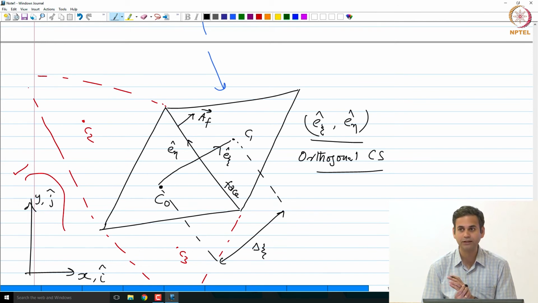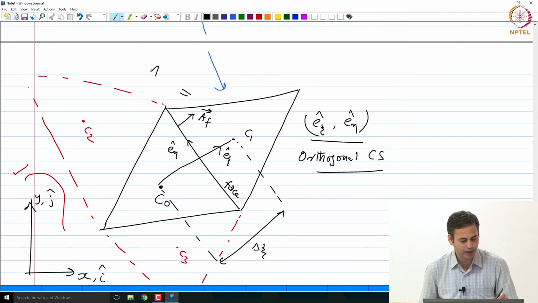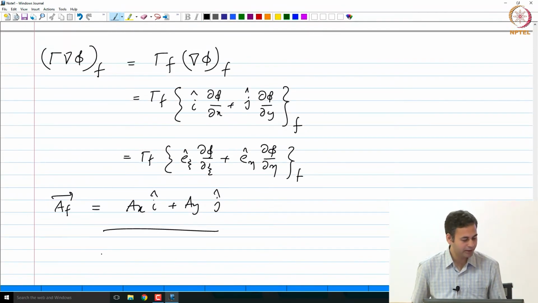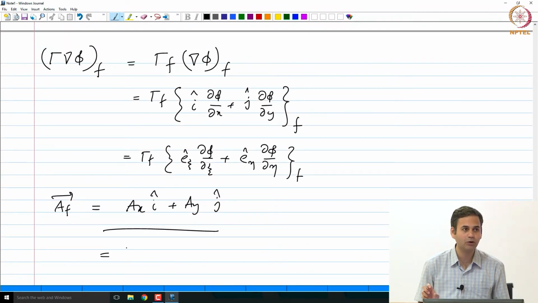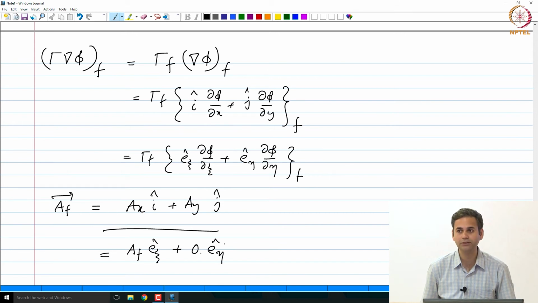E xi or E eta? E xi. So, if A f bar has a magnitude of A f, it can be written in the E xi E eta coordinates as A f E xi hat plus 0 times E eta hat. Basically the area vector pointing in the E xi direction with a magnitude A f.